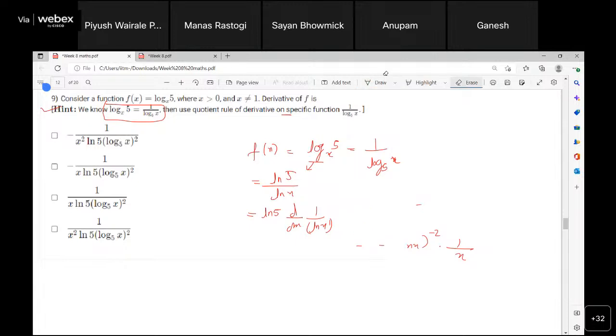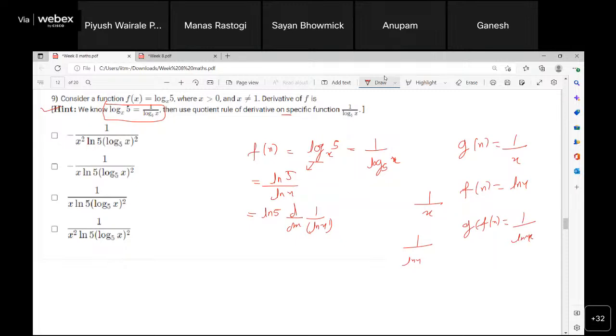So if I see, this is basically a composite function. I know the derivative of 1 by x, but I don't know the derivative of ln of x. So I can say my g of x is ln of x, and g of f of x is basically 1 upon ln of x, right?